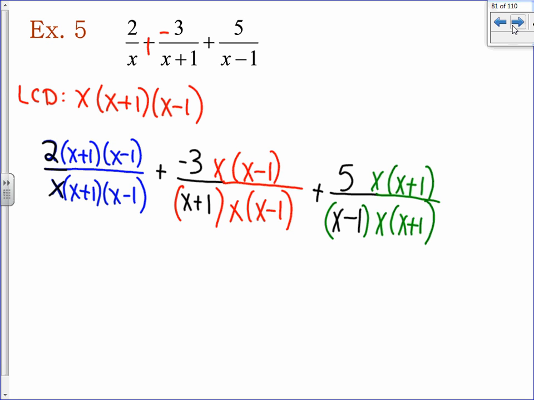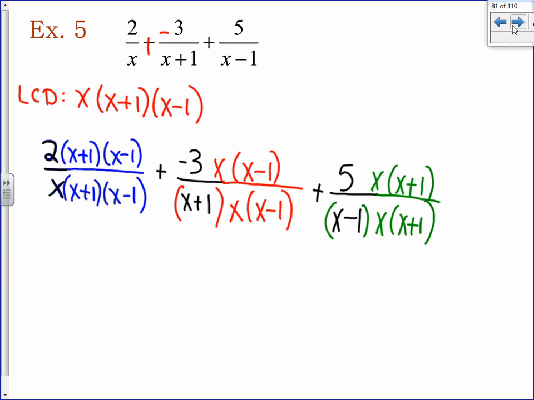So one suggestion I have for you is when you have two binomials here, and you have a regular coefficient, multiply the binomials together first, get that answer, and then distribute in the 2. A lot of people will distribute the 2 more times than is correct.